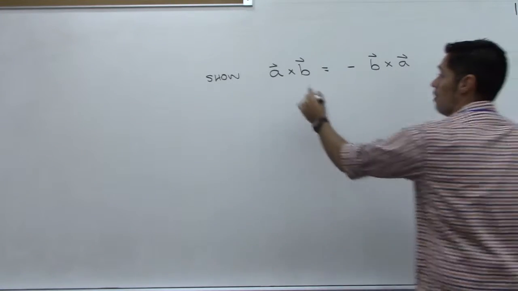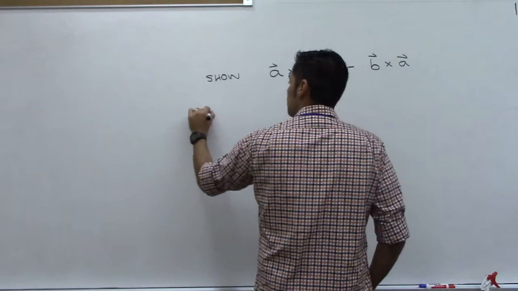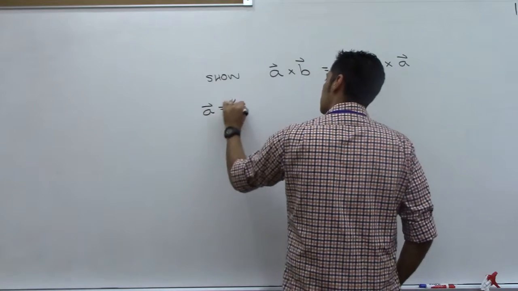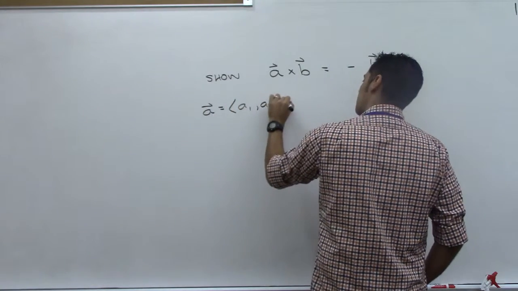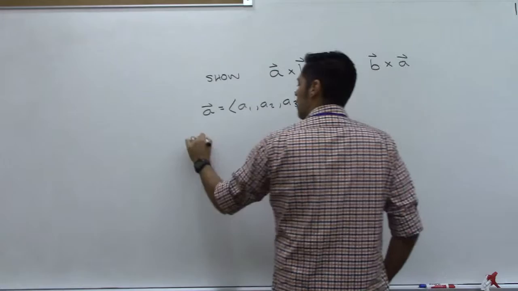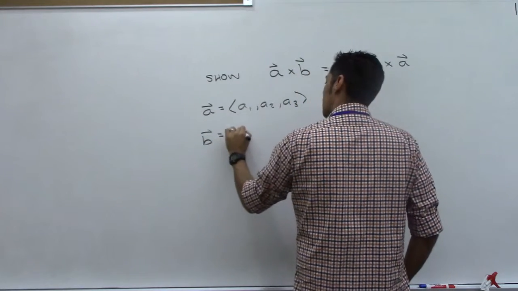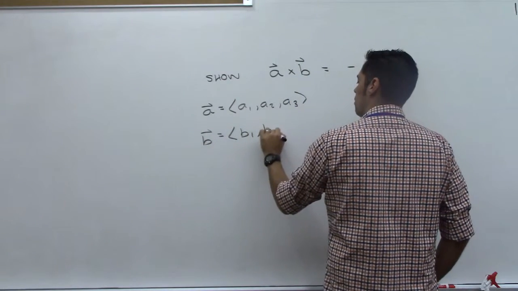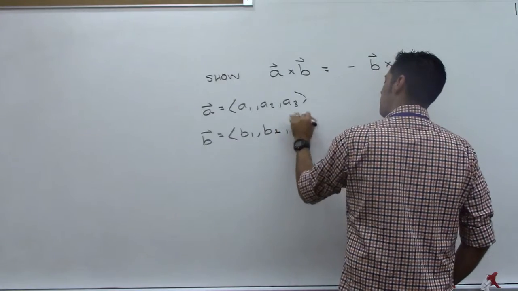So let me show that that's true. Let me start with this side over here. Let's assume that A is some vector A1, A2, A3, and B is some vector B1, B2, B3.